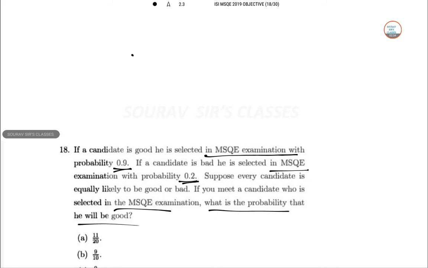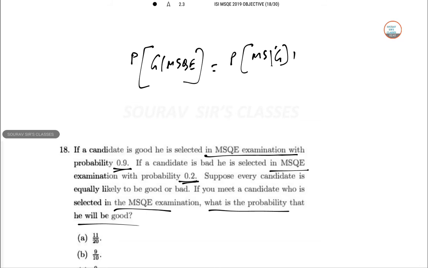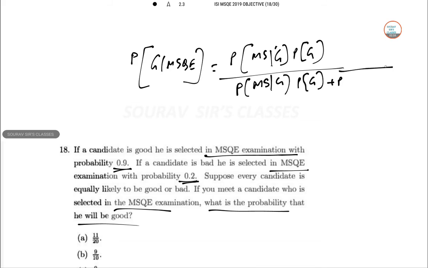So by Bayes theorem, the probability of good given MSQE is the probability of MSQE given good times the probability of good, divided by the probability of MSQE given good times the probability of good, plus the probability of MSQE given bad times the probability of bad.